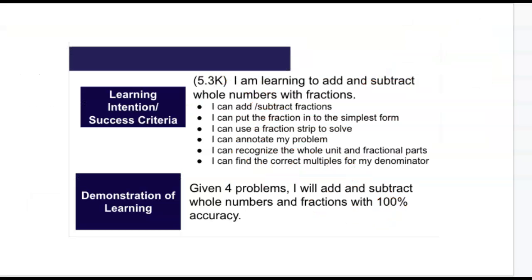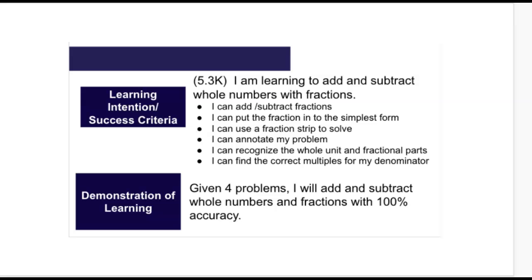Now, let's go back to the learning intention and success criteria. Let's ask ourselves, were we able to add or subtract the whole number and fraction? Yes, we did subtract the fraction. Did we put the fraction into the simplest form? Yes, because 5/12 is in its simplest form because the numbers do not have any other factors other than 1.